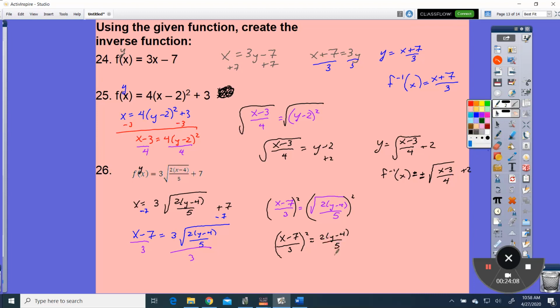So now I need to get rid of this 5. Normally I'd really do both of these at the same time. So I'm going to. I multiply by 5 halves, and that way the 5 cancels out that 5, and that 2 cancels out that. And what I do to that side, I do to this side.